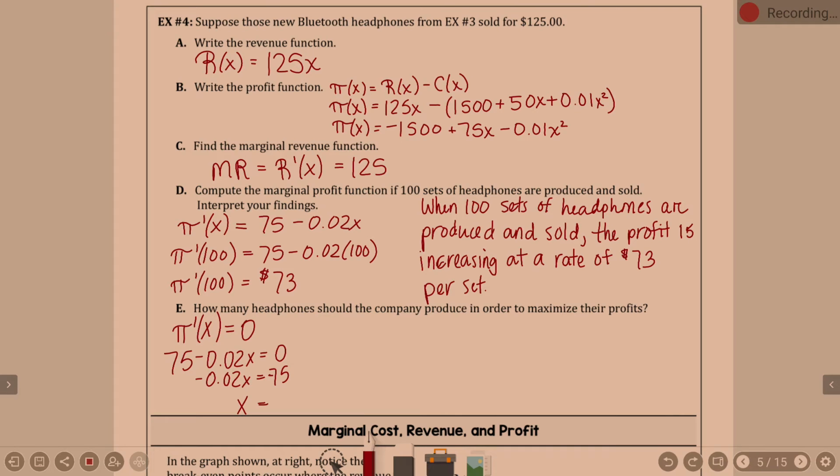They're the same sign, so when you divide them, we're going to get positive 3,750. Okay, so we've got the 3,750, and that is the amount the company should produce to maximize their profit.